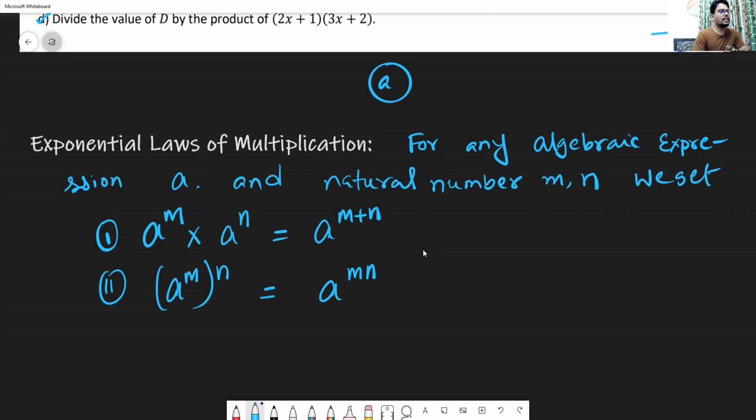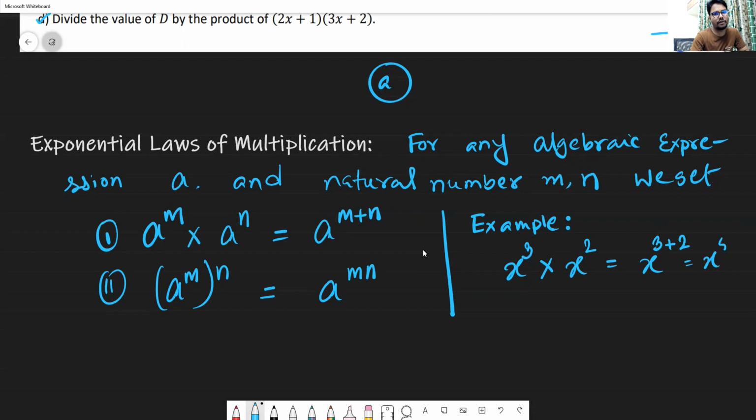Here in their multiplication, if they have the same base, their power will be added, and here the A is the base and index is m, including the bracket there is another index n. So these 2 powers, simply we can multiply them. So if we do the example here, example of exponential laws of multiplication. x to the power 3 multiplied with x to the power 2, there will be x to the power 3 plus 2 is equal to x to the power 5.